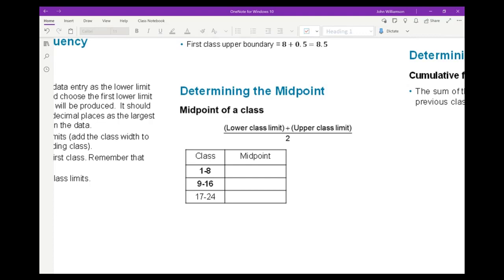So it's just literally the sum of the class limits divided by 2. So for example, if I'm looking at the class 1 to 8 off of our frequency table we're working on, right? To find that midpoint, I would literally do 1 plus 8 divided by 2. So 4.5. That would be that class midpoint.